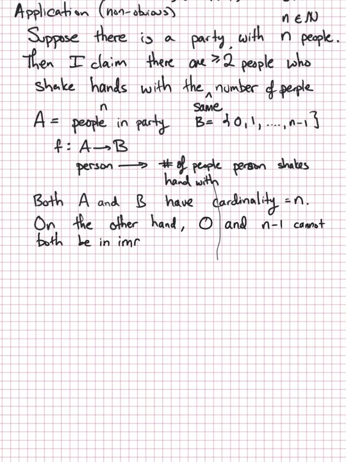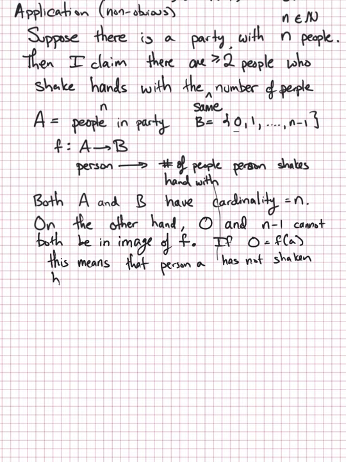Remember, if 0 is in the image of f, so maybe 0 is f of a, this means that there's a person a who has not shaken hands with anybody.